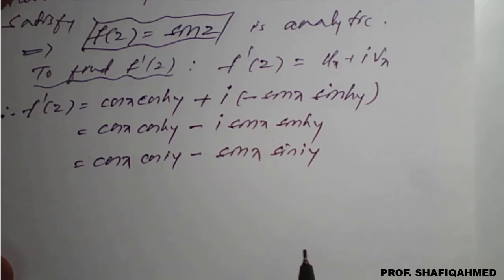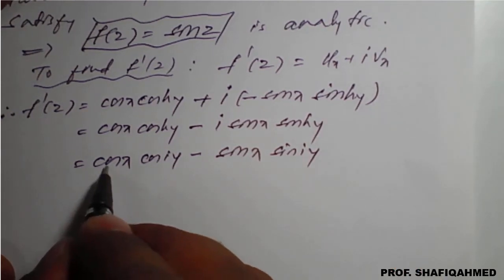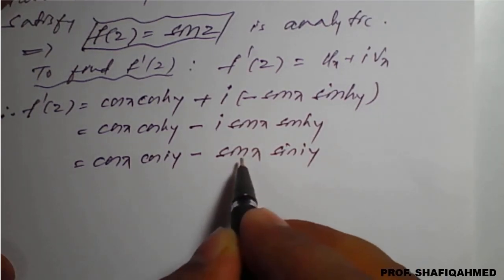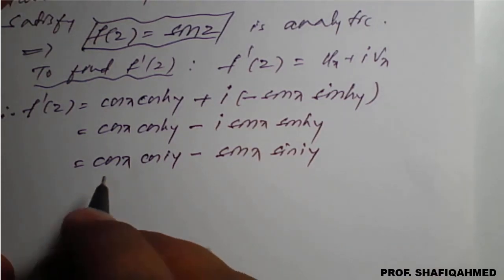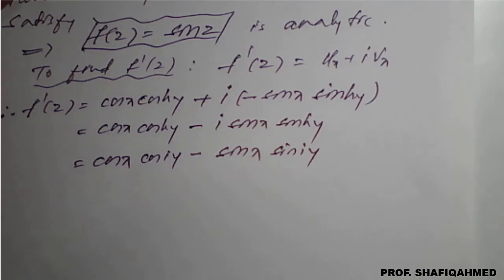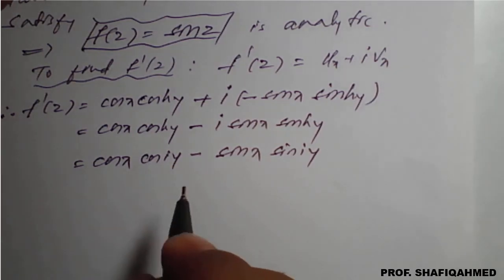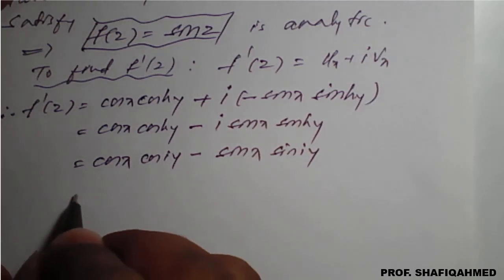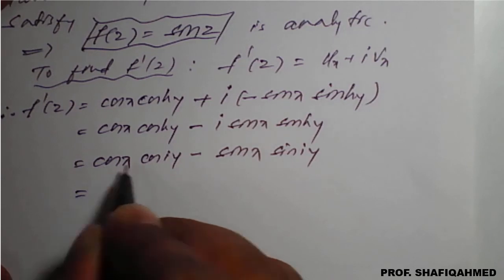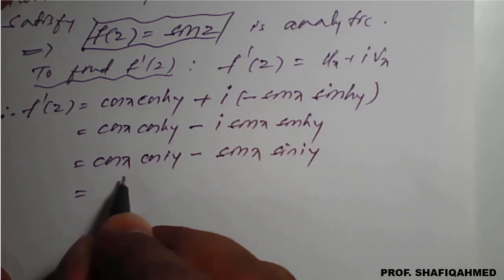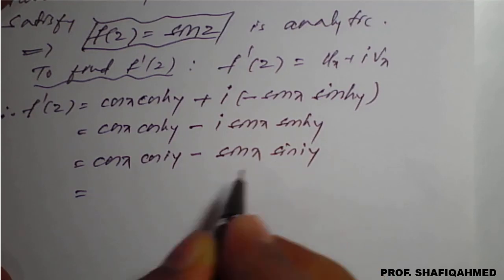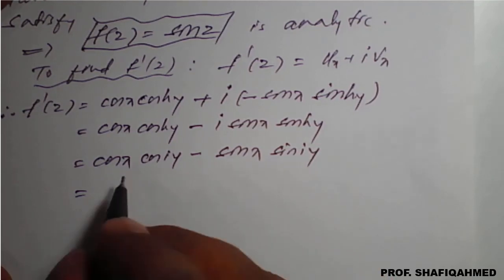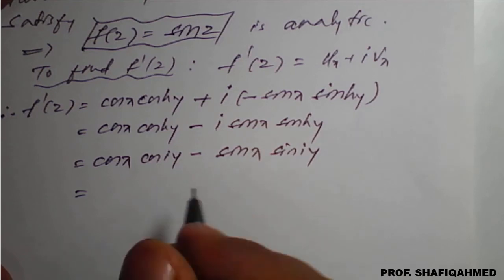On simplification, this is cos A cos B minus sine A sine B, which is the formula for cos of A plus B. So A is x, B is Iy.